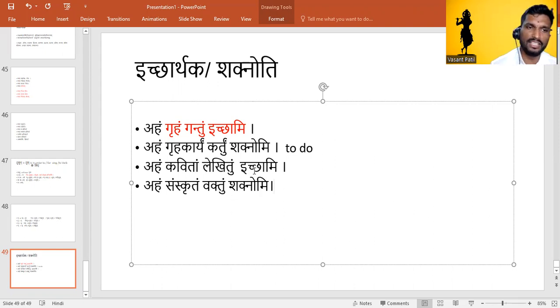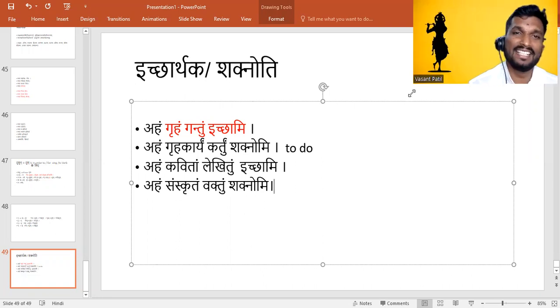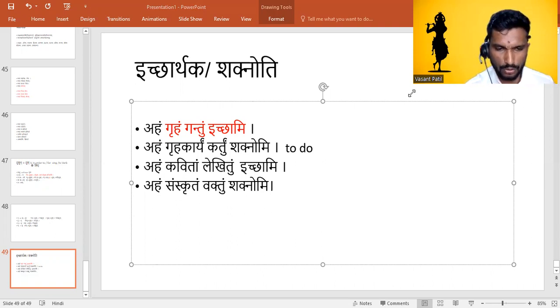So with shaknoti, the dhatu where abilities are shown, the tumunta pratyaya is used, and wherever there is desire shown, there also the tumunta pratyaya is used. All these things are there in our Rachananuvad Kaumudi, and from there only I am teaching you.